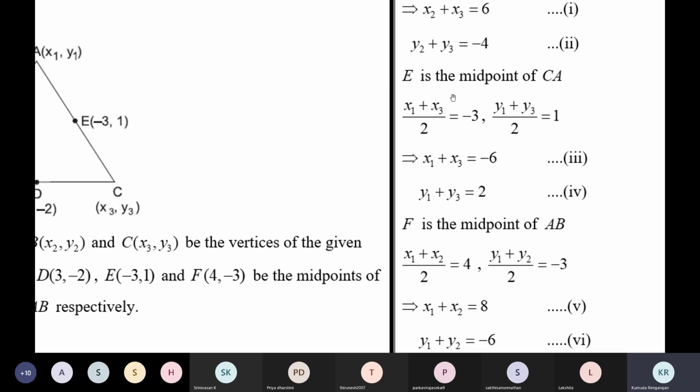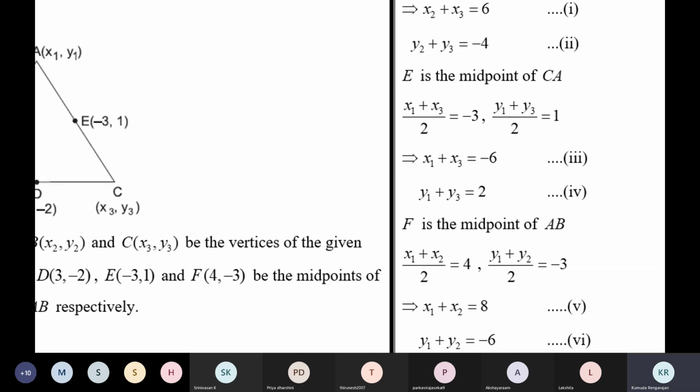The same you should do for y1, y2, y3. Tell me what you get when you add equations 2, 4 and 6. y1 2 times, y2 2 times, y3 2 times.